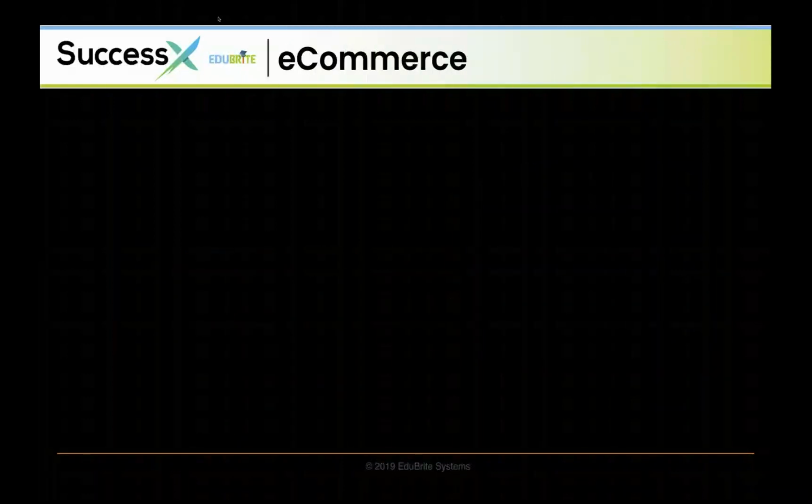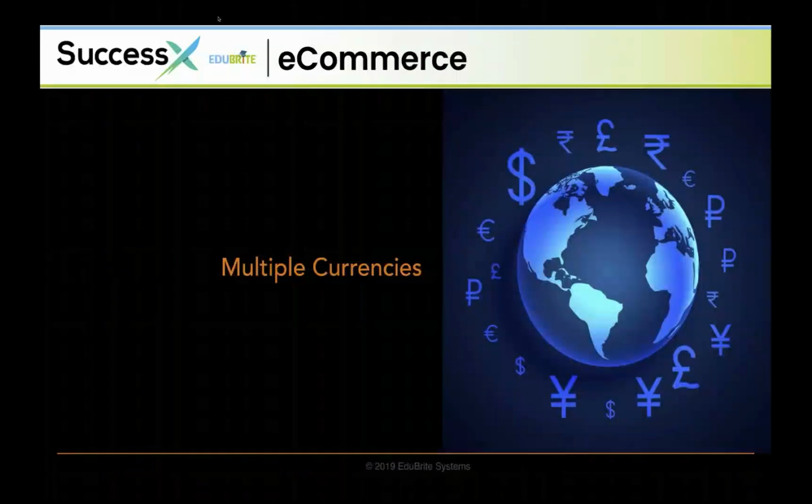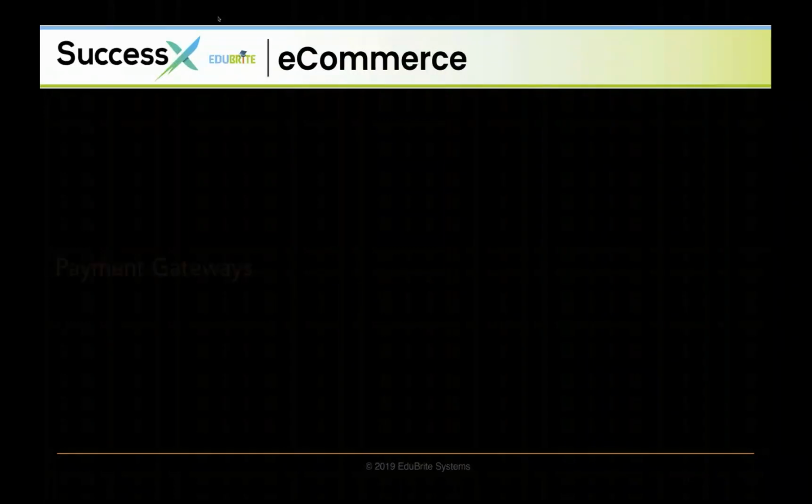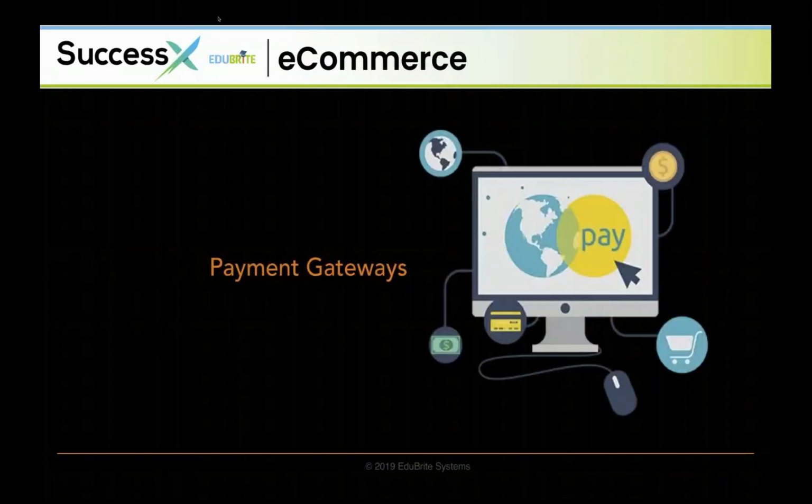And from an e-commerce standpoint, an international standpoint as well, offering multiple currencies is just as important as the localization. So you want to be able to accept payment in any currency from anywhere. And that bleeds into this next topic as well, with payment gateways.